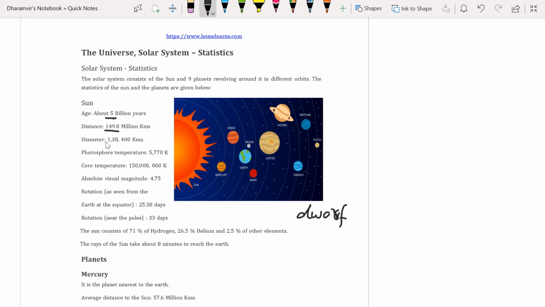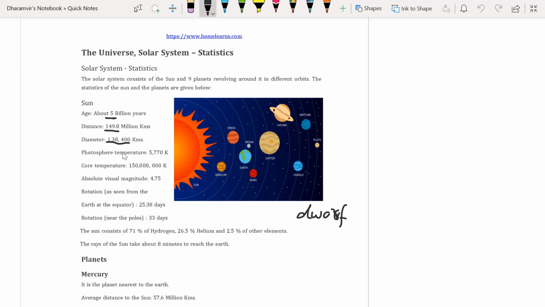The diameter of the sun is 1,38,400 kilometers. The temperature of the photosphere is 5770 Kelvin, not centigrade.